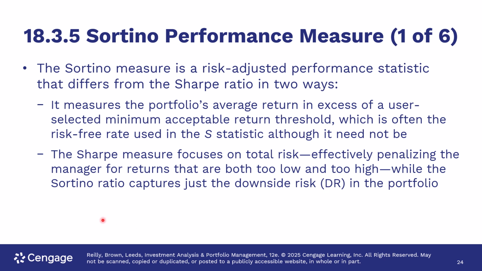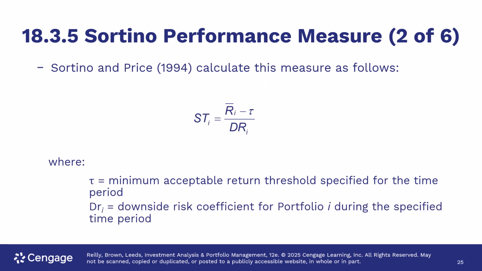So the Sortino ratio captures just the downside risk, DR. That's downside risk, not Dominican Republic. All right, this ST may appear that we put the Sharpe and the Treynor together. That is not right. ST stands for Sortino. They gave each syllable in his name its own capital letter. Cool.